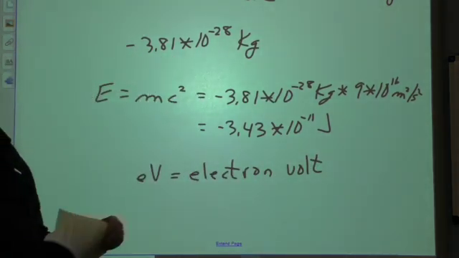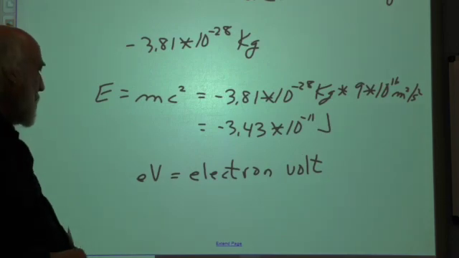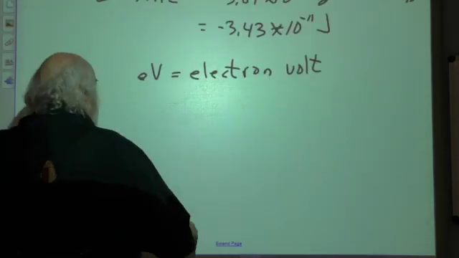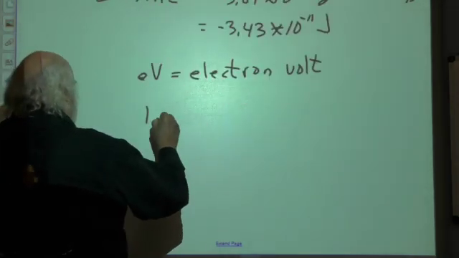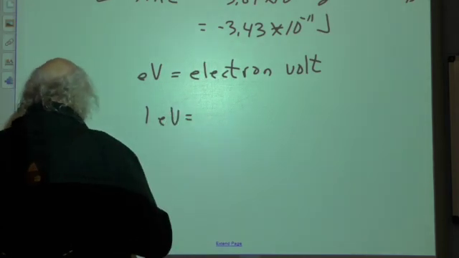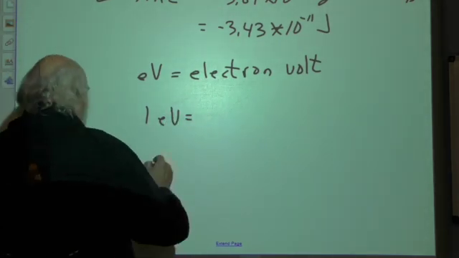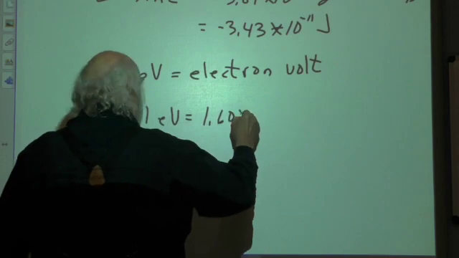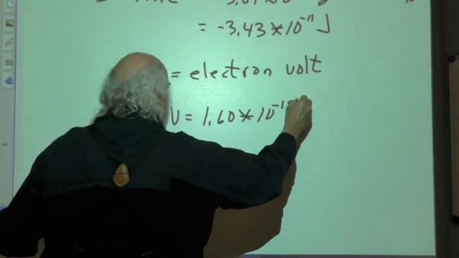And when we get into physics, we get into this a lot more heavily, but suffice it to say that 1 electron volt is equal to 1.60 times 10 to the negative 19th joules.